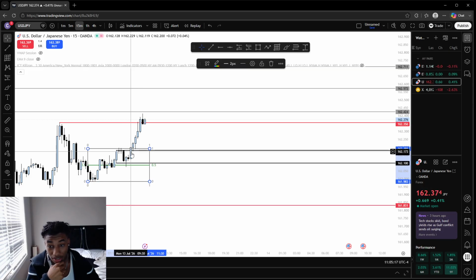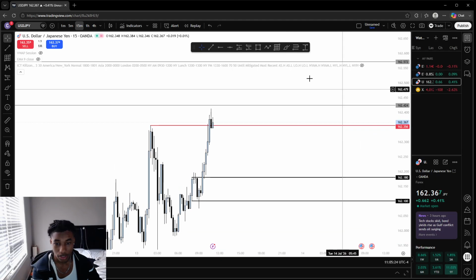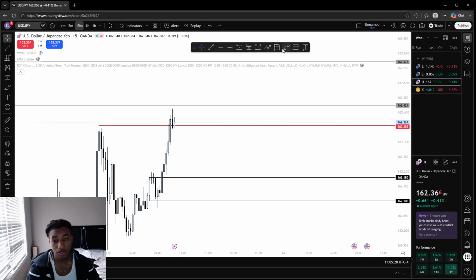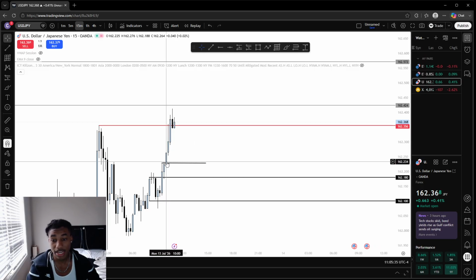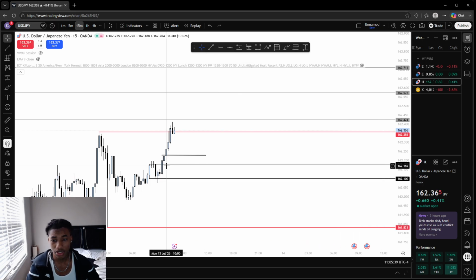It then broke above our 15-minute high and the Gann box, and the next candle after that retested the 15-minute low. We didn't get the full closure above with that candle, but the next candle right after that gave us the closure that we needed, and we entered our trade right here.